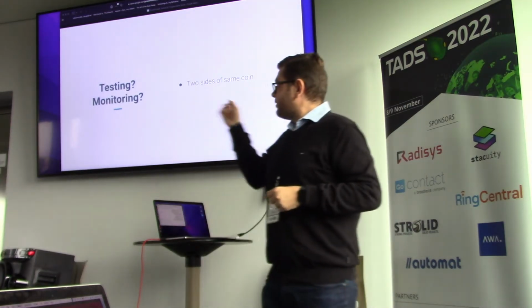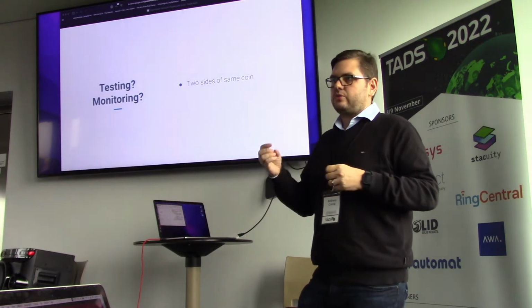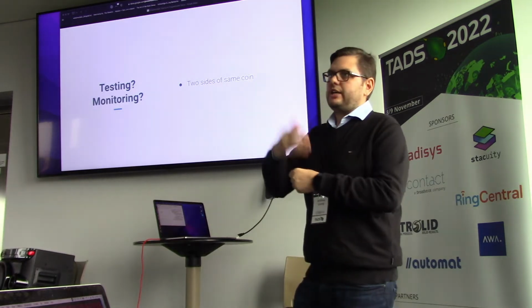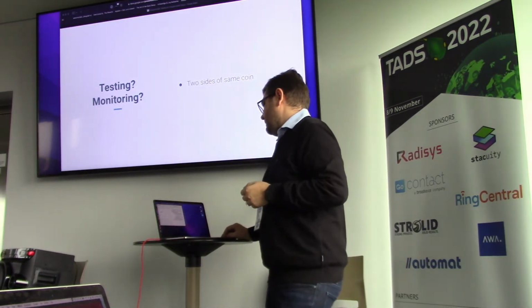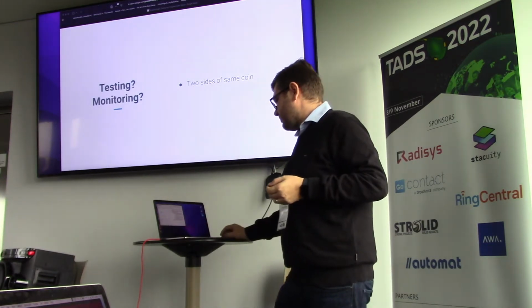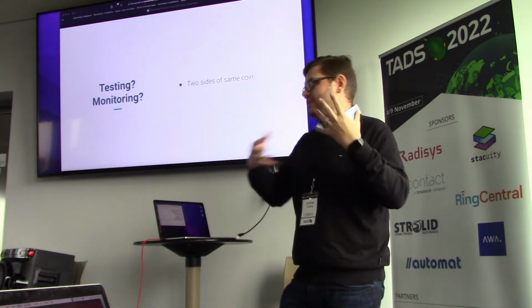Whereas with monitoring, you run it 24/7 all the time, and if something goes wrong, then you start workflows: alerting and troubleshooting workflows. It's the same tools that you can use, and I will show you some examples of how we are approaching this and which kind of tools we are using, so you can try to leverage them as well.